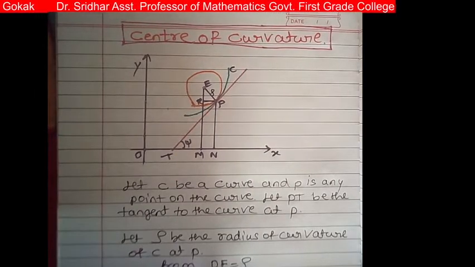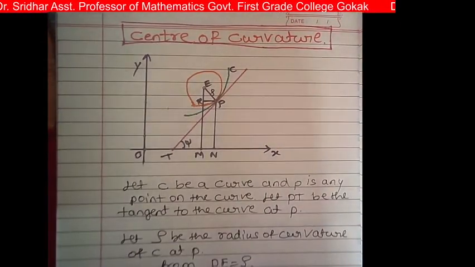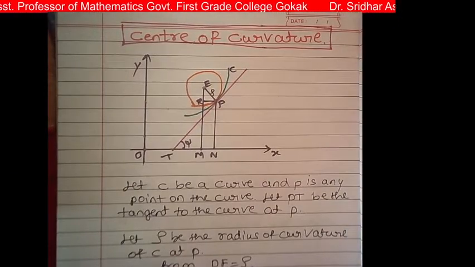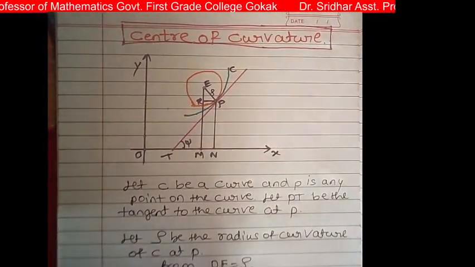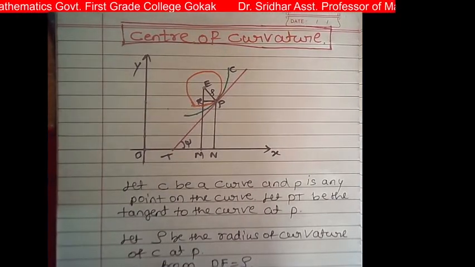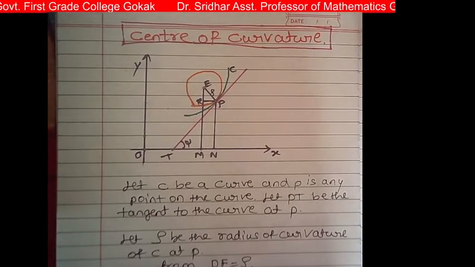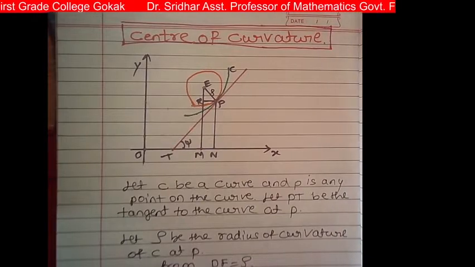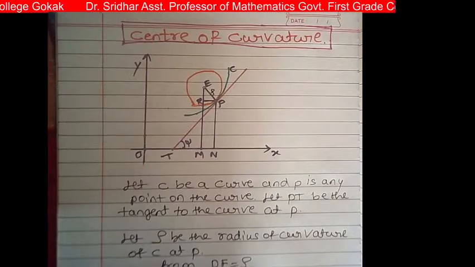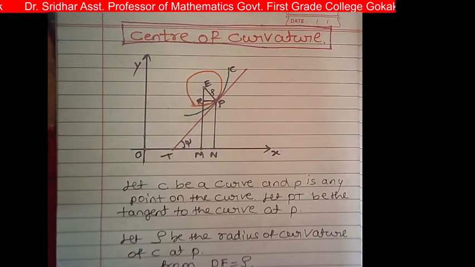Then the circle with center E and radius equal to rho, that is the radius of curvature, is called the circle of curvature.